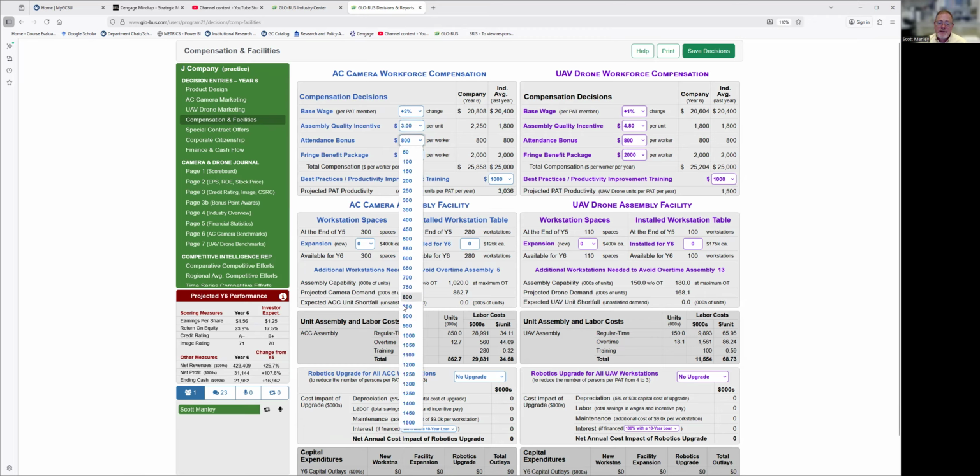For attendance bonus, if I'm running a company that's running a differentiation strategy, I want to be known as the employer of choice. All I know is last year's industry average was $800 per worker for attendance, $2,000 for fringe benefits. I'm going to incrementally increase that.